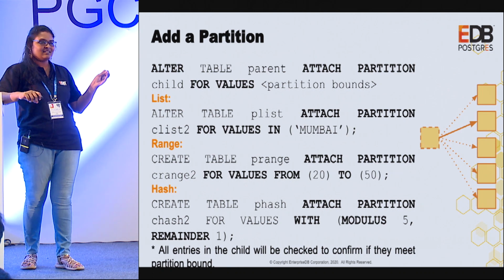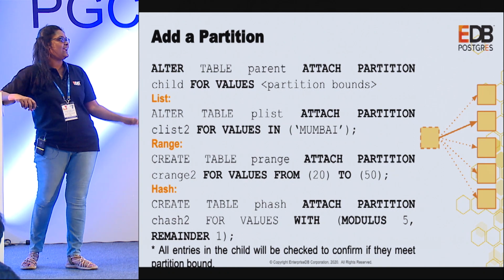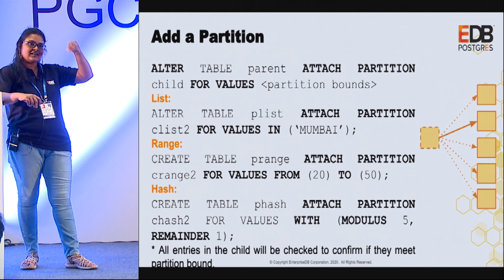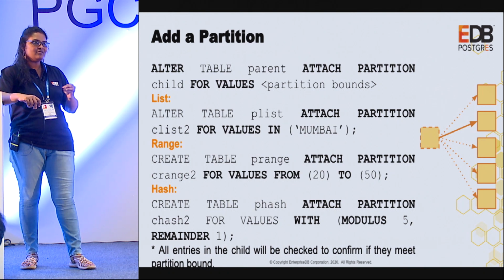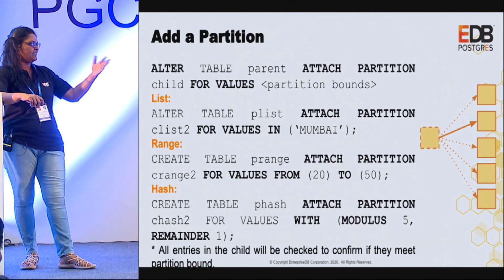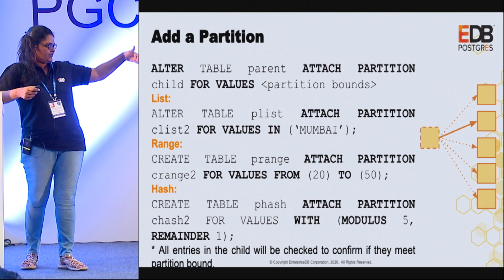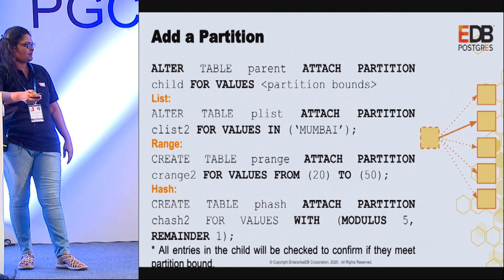You say ALTER TABLE, whatever parent table you are considering, then ATTACH PARTITION, then mention the partition table name, then FOR VALUES, and then mention the partition bounds as you had done previously. Similarly, you do it here. I have listed examples for all three cases so that you can use them.